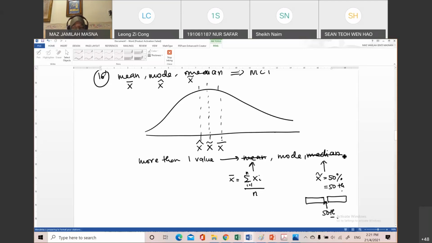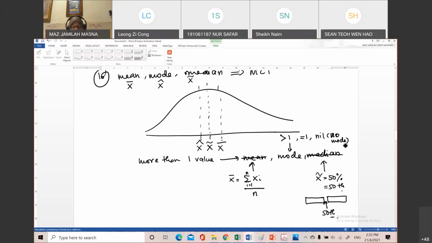But when we are talking about mode, it is the most frequent value. So for mode it could be more than 1, it could be equal to 1, or it could be nil, which is 0. No mode.